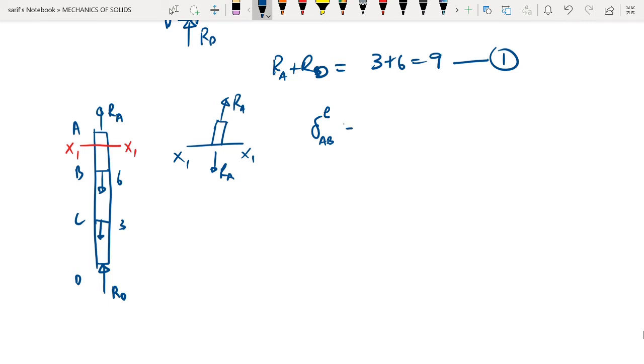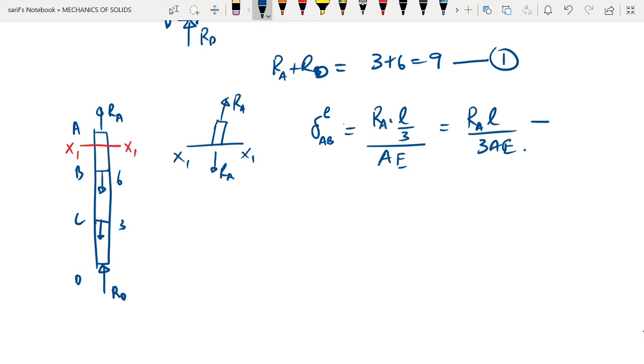So delta AB is equal to PL by AE, so that is RA into L by 3 divided by AE. A and E are the same. So RA L by 3 AE is going to be the elongation of the segment AB. Now let us come to the segment CD.